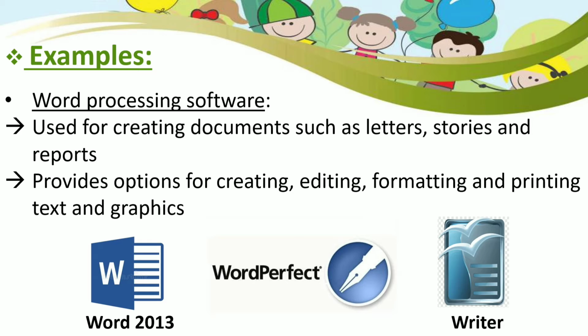Here are the examples of word processing software. Word 2013, WordPerfect, Writer. Students, you have already used Word 2013 software in your standard 5th and 6th. So I hope you all are clear with word processing software.